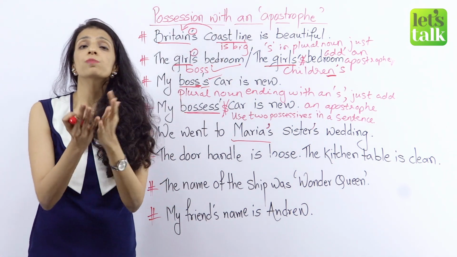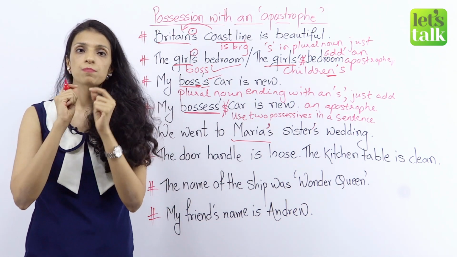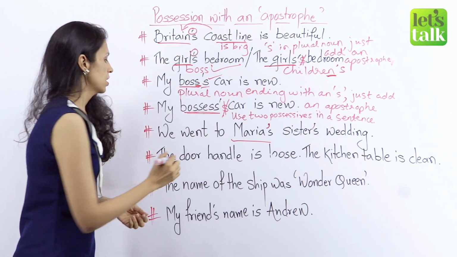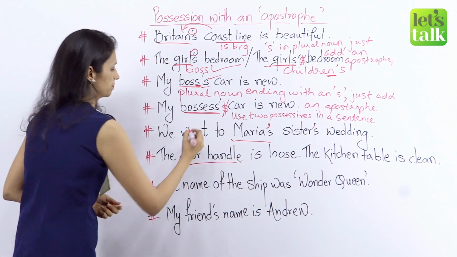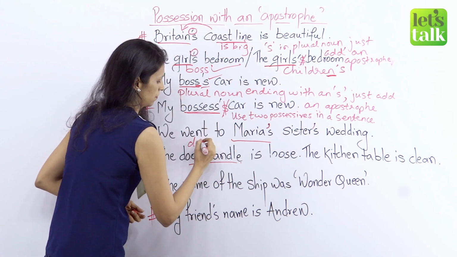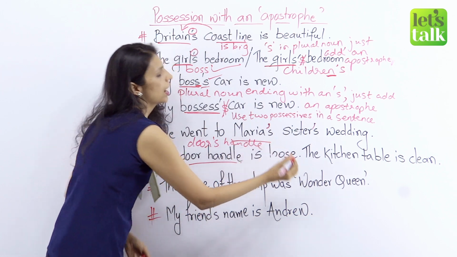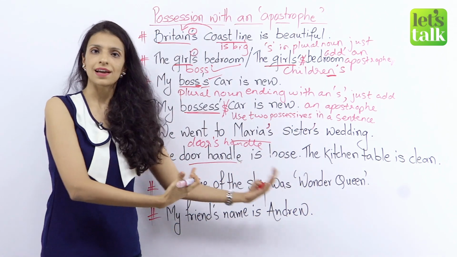Now, for an object or for a thing, you never use an apostrophe to show possession. A lot of people would say, the door's handle, okay, and this is what I've heard people say, the door's handle is loose.